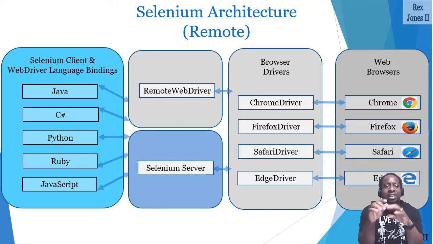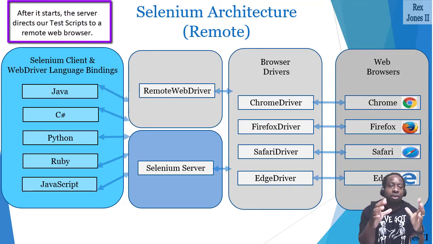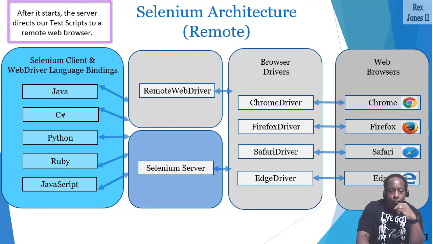The Selenium server is different. It's a way to communicate remotely when talking to the driver, but not on the same system as the driver. That's why Selenium server is a different color. We start the server by using Selenium standalone jar file. After it starts, the server directs our test scripts to remote WebDriver.